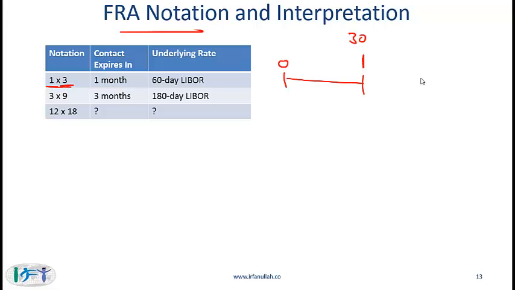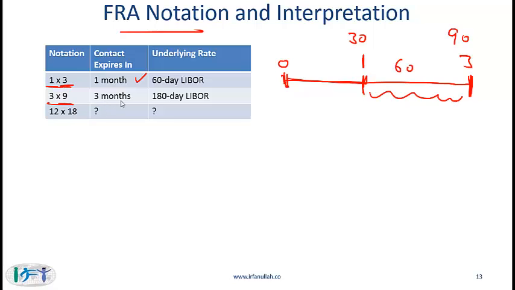The 3 means that the underlying hypothetical loan expires at the end of month 3. This is month 3 from time 0, and in terms of days it would be 90. So as you see here, the contract expires in 1 month. The underlying is 60-day LIBOR because this period here is 60 days.